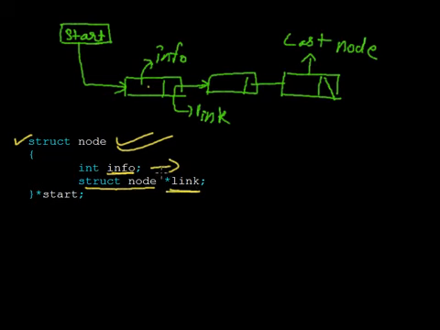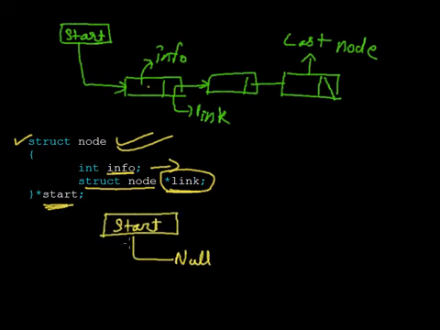Means the address inside this variable will be of type node, and this is the global variable start which will always point to the first node in the linked list. Initially, we initialize this pointer as null in our main function.